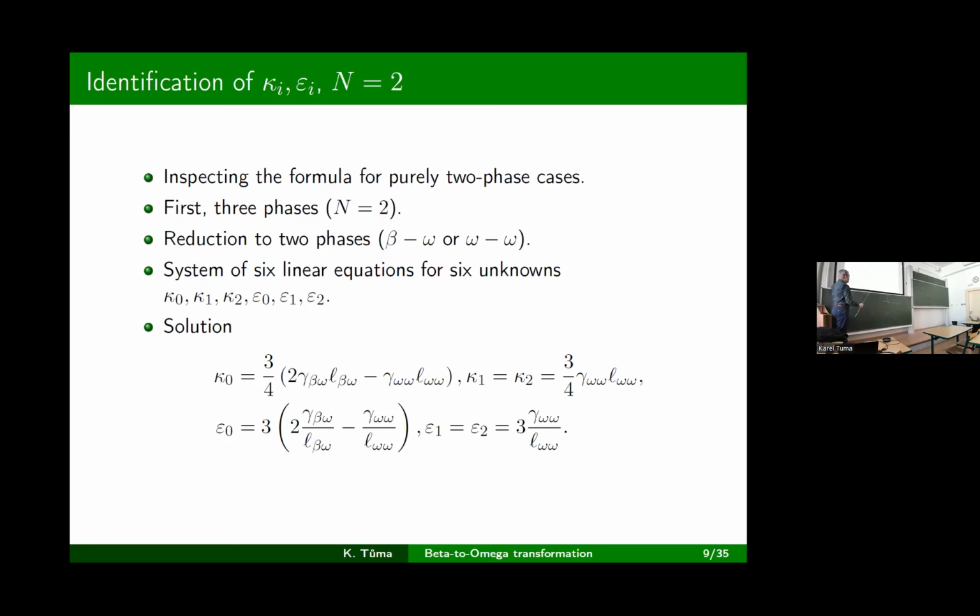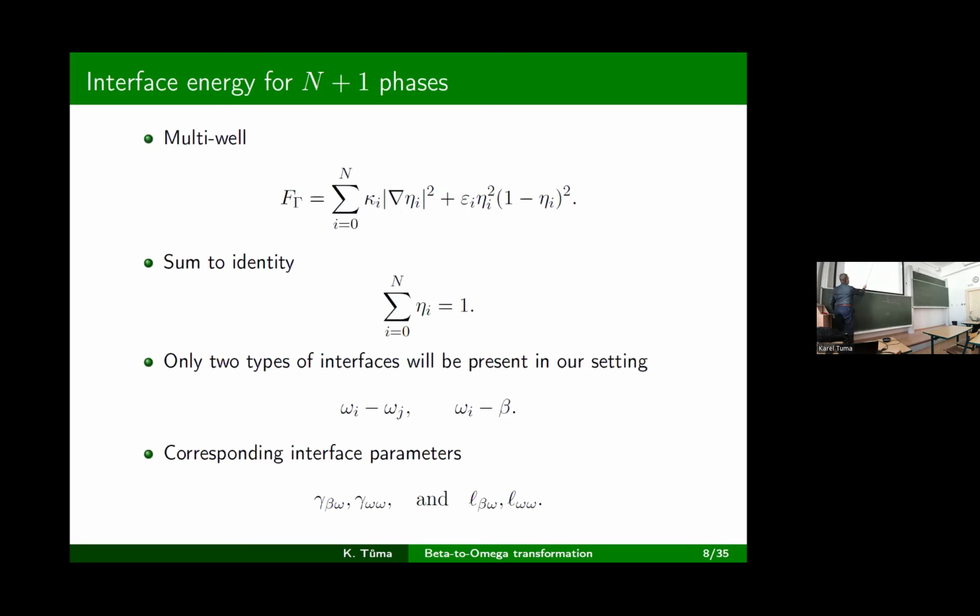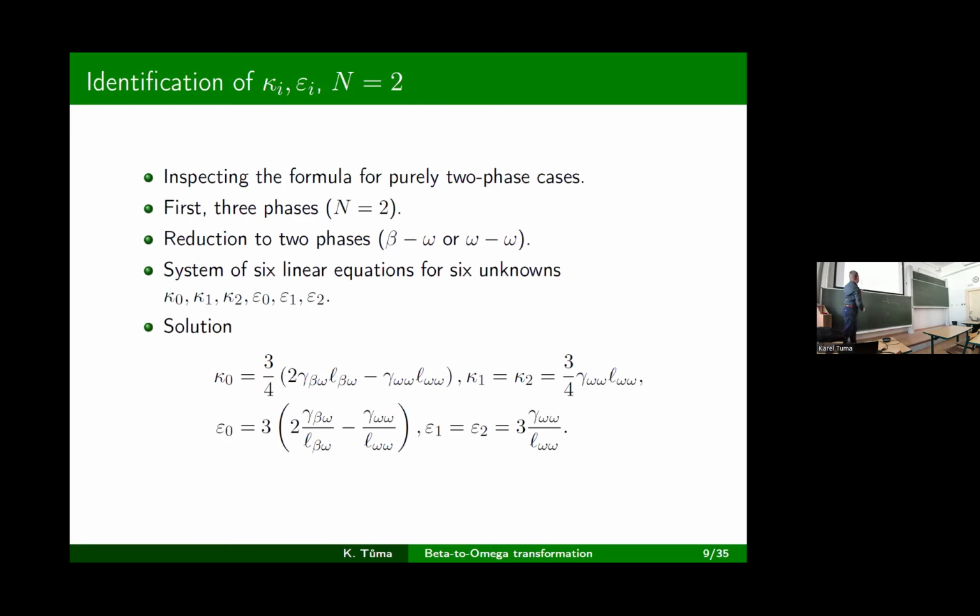In that case, we can find a relation between the material parameters, kappas. I will repeat, kappas are the material parameters in front of the gradient part, and epsilons in front of the algebraic part. So we get the following relation. Kappa 0, 0 is related to gamma beta omega, gamma omega omega, L omega omega, and so on.